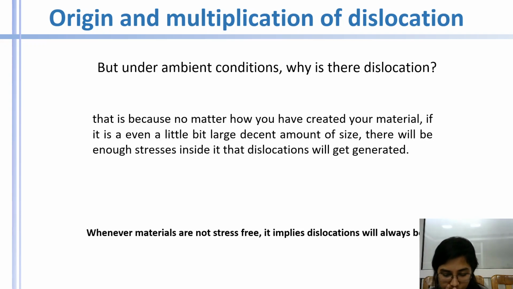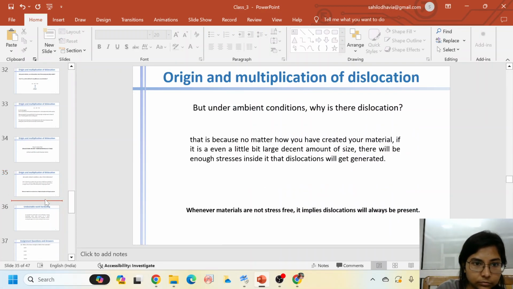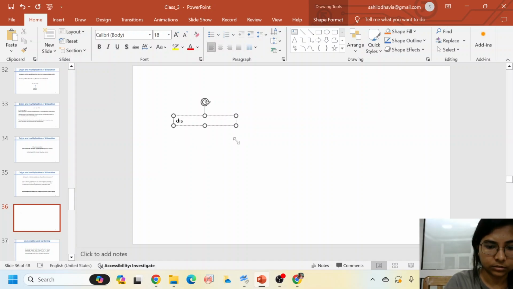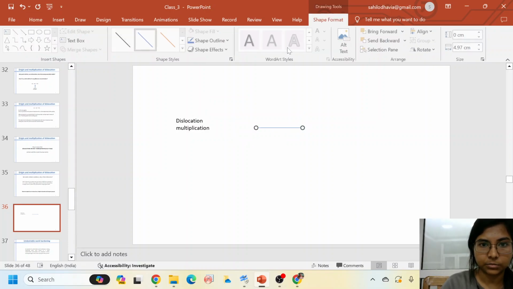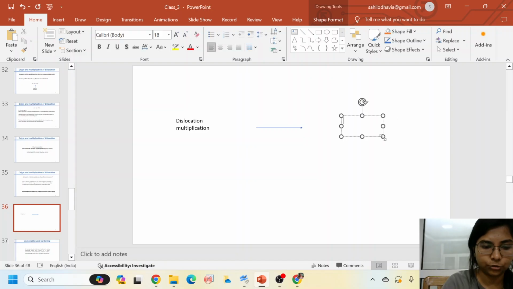We learned that there will be dislocation multiplication, and this dislocation multiplication can lead to what is known as strain hardening.